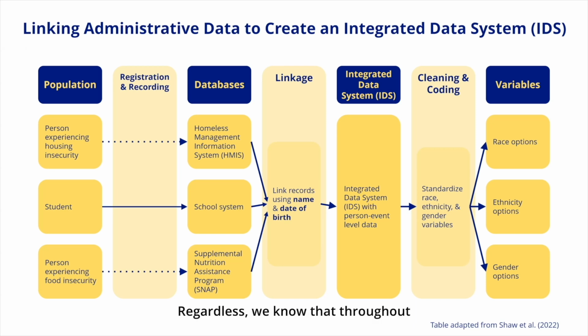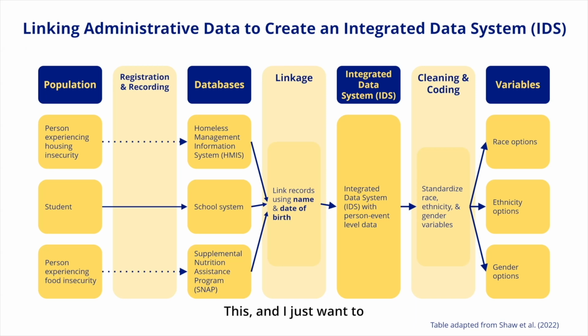Regardless, we know that throughout Aaron's life, there are records in each of these systems with Aaron's name on them. What we can do is link all these different records together based on Aaron's name and date of birth. Names and birthdays don't usually change, so we can confidently say that Aaron in one data system is the Aaron in another data system.